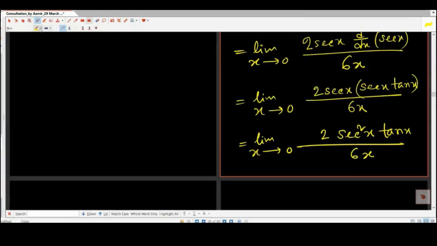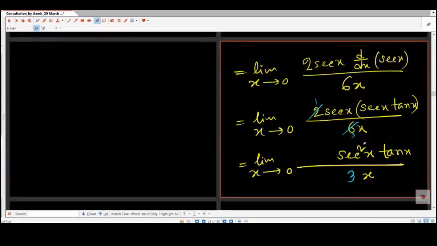In the numerator we have 2, in the denominator we have 6, so it will be 1 over 3. That means we just have this function now, secant squared x tan x over 3x.